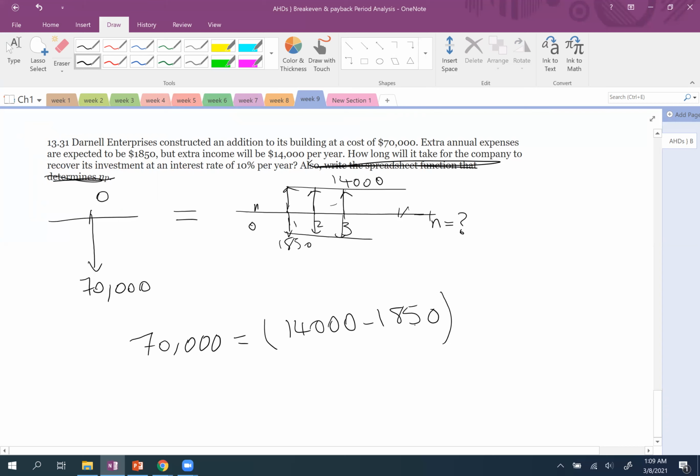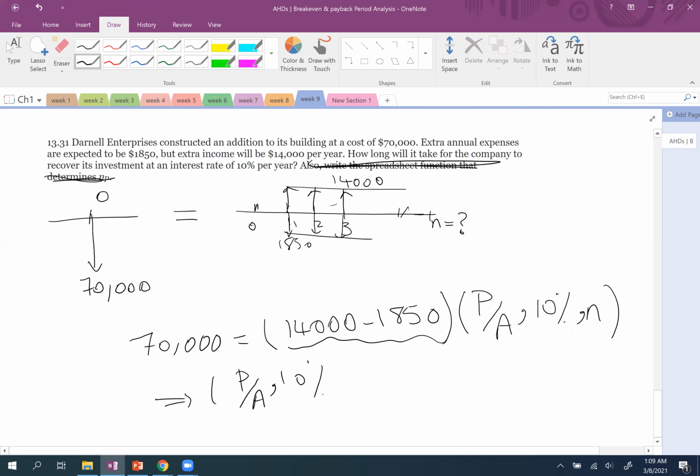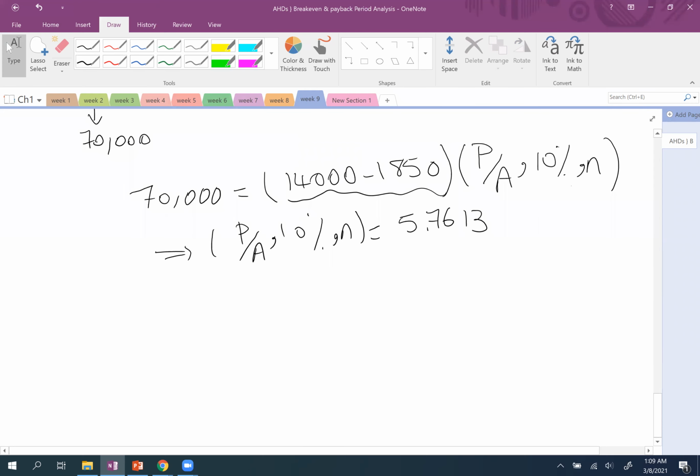So it will be your A value. I want to find the value of P for that given A, interest rate of 10%, but this time I don't have the value of N. So if I do the math, I will see P given A factor is equal to 5.7613.